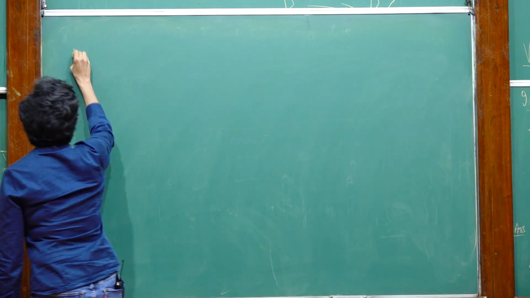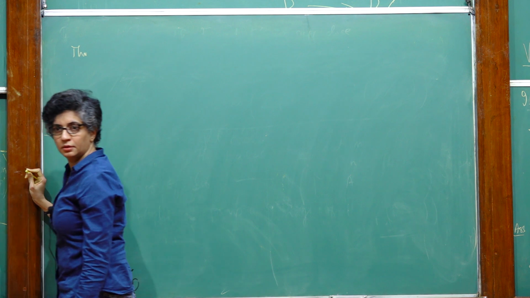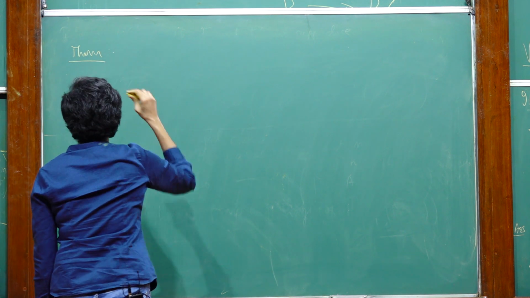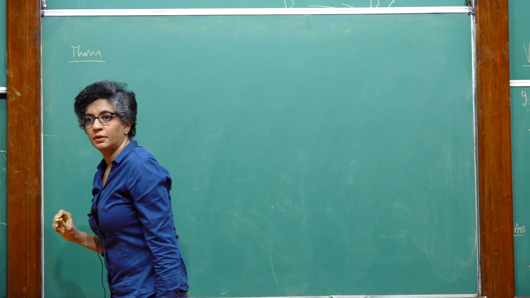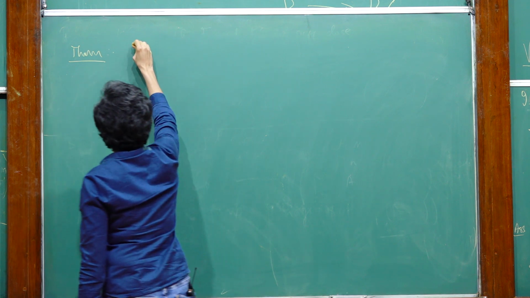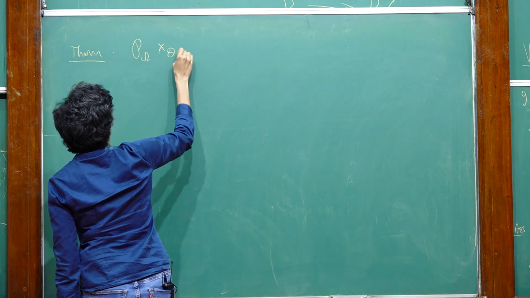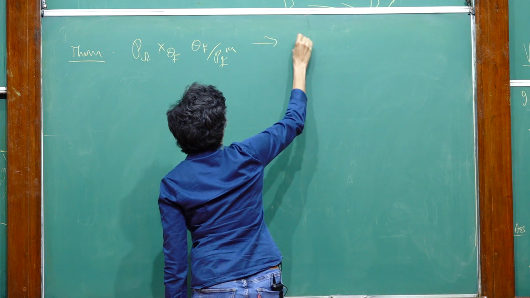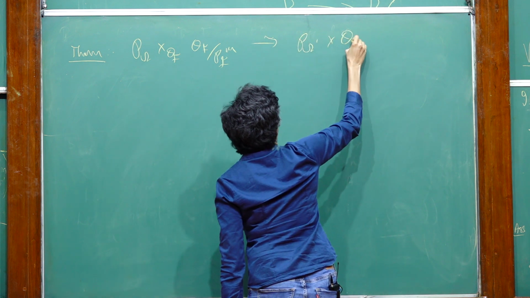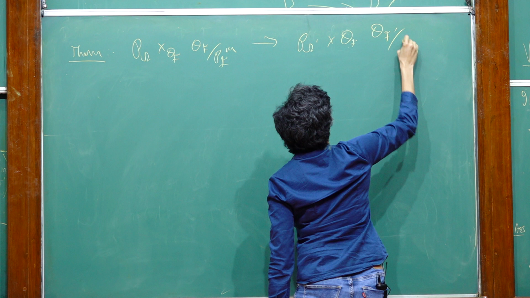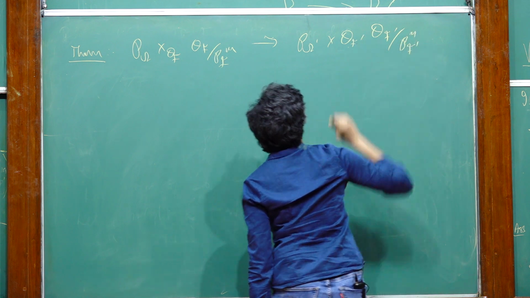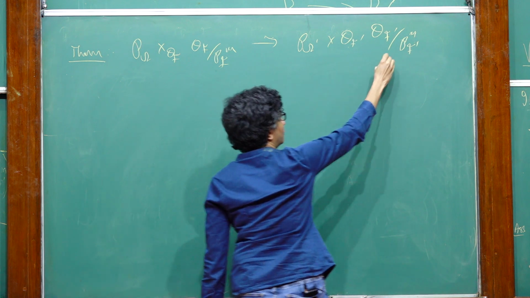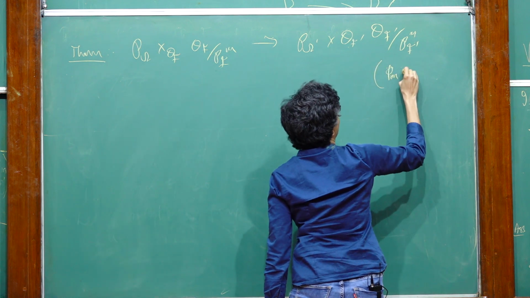And then the theorem is that P_Ω × O_F / P_F^M is isomorphic to P_Ω' × O_F' / P_F'^M, where I am going from this to this via the isomorphism, say φ_M.